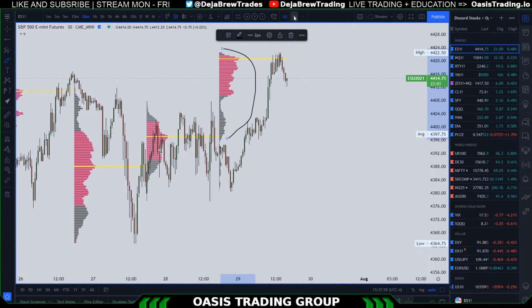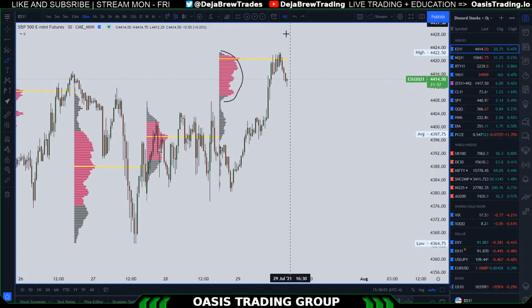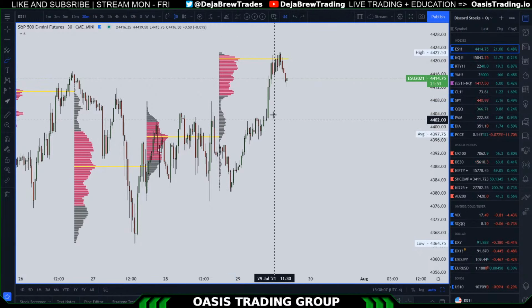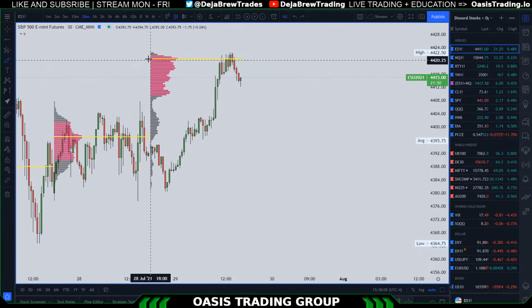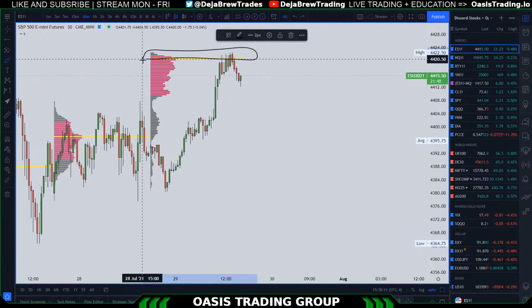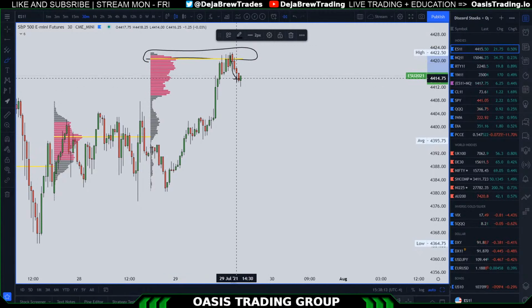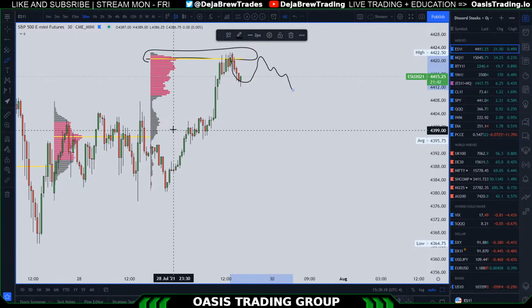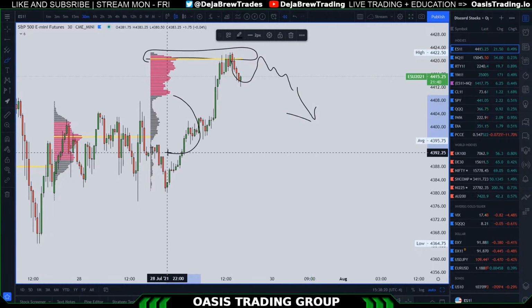We have most of the volume towards the high. You're asking, can it come down and fill in the lower section? Yes. If we're constantly seeing a rejection of the high, which we're currently seeing right now, say this came back up and then we started to reject again, then most likely we're going to come down and fill in the profile.